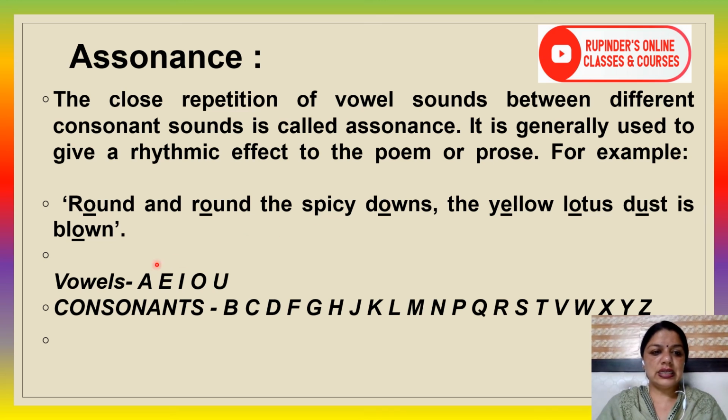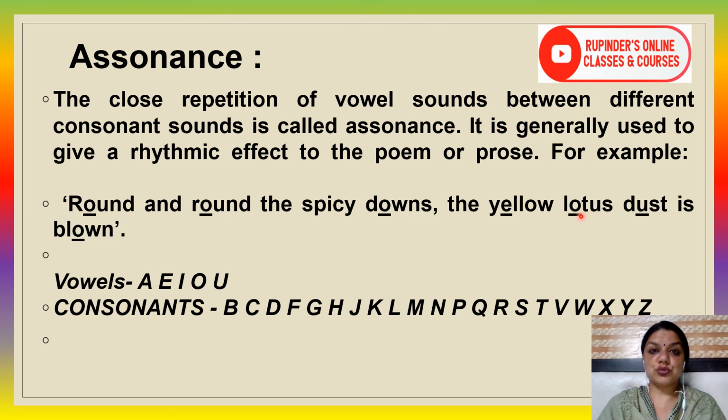For example, round. Now just see these underlined vowel sounds. "Round and round the spicy downs, the yellow lotus dust is blown." So this is an example of assonance.